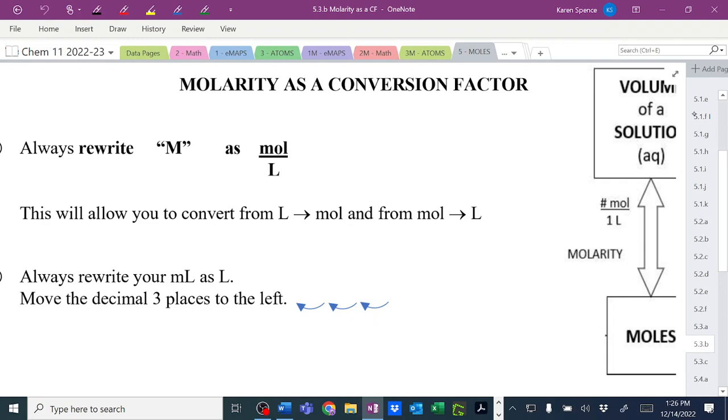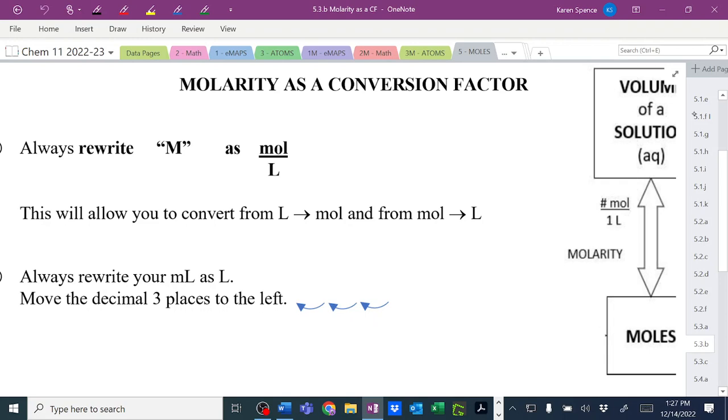So maybe in a problem, instead of being asked to find the molarity, perhaps you will be given the molarity. Yes? And you will be asked to find how many liters contain this many moles. Or you might be asked to say, if I give you this many liters, how many moles are in there?